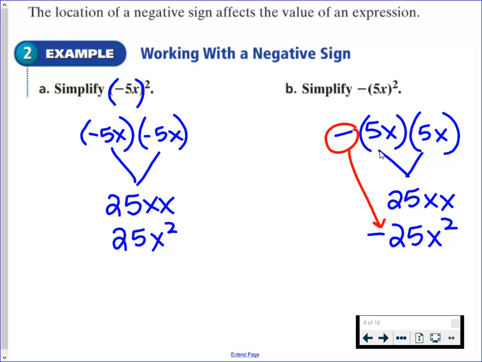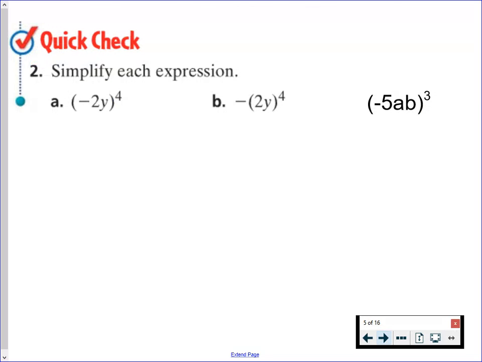It just goes all the way down to the answer. This would be a good time to try the next 2 boxes on your own. Ready, go.